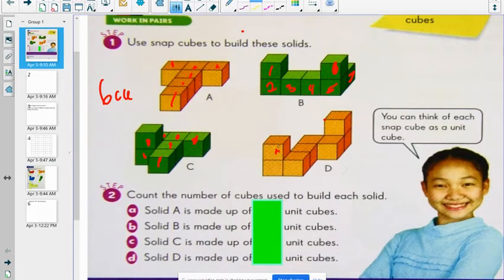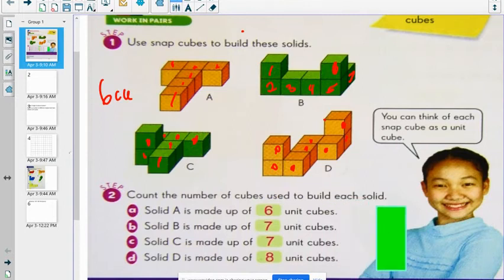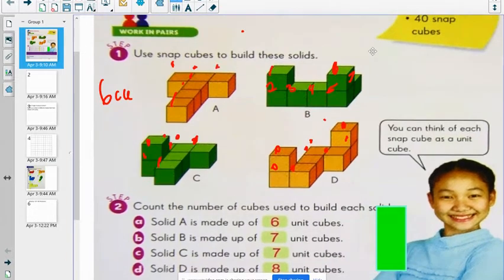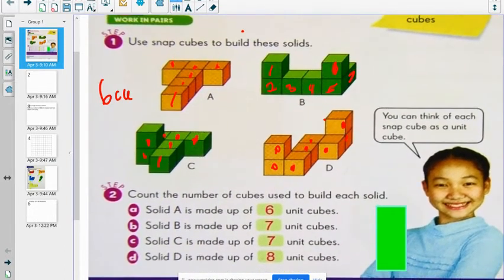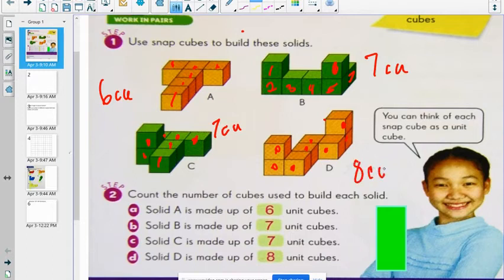And then D, you've got 1, 2, 3, 4, 5, 6, 7, 8. See if we did that right. Take a peek here. Okay, I think that's what we said. We said 6, 7, 7 cubic units, and 8 cubic units.